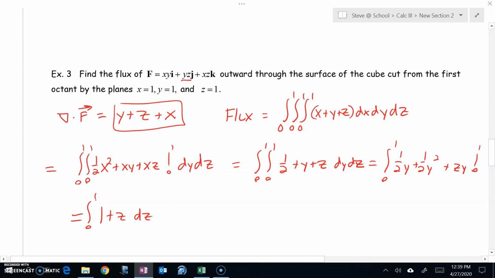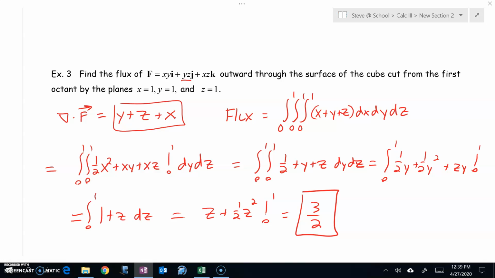We do it one more time, and we get z plus 1/2 z squared, from 0 to 1, 1 plus 1/2 is 3/2. So the flux of that field outward through the surface of the cube is 3/2.